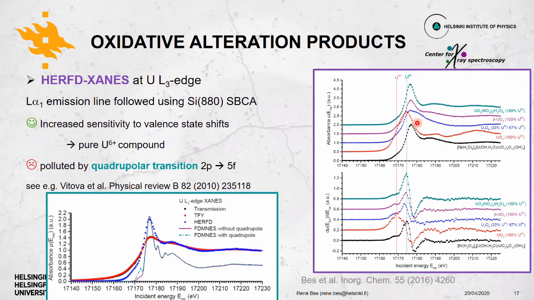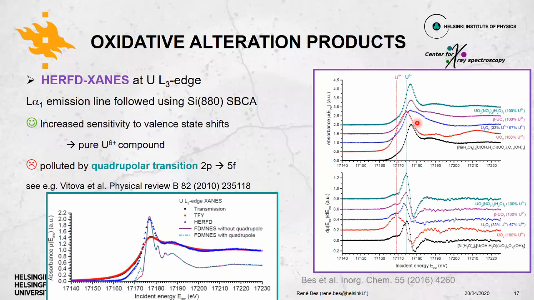At least FDMNES, as I tested so far, is not reproducing the spectrum well for uranium 4+ and some of the 5+ compounds. For uranium 6+, everything is fine, because you do not have the problem with the 5f electrons, and every problem arising when you deal with the 5f electrons using DFT calculations and so forth.